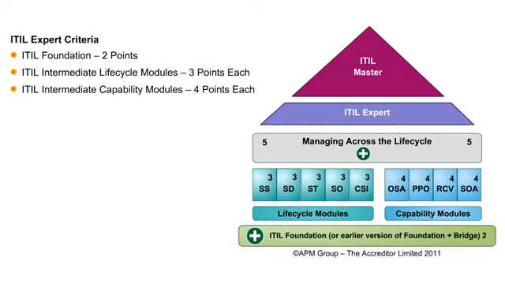Thus, at this level, the minimum credit requirement is 15. Once you accumulate 15 points plus 2 of foundation, that is 17 credit points, makes you eligible for third level. That is MALC, which provides you 5 credit points. Once you are certified MALC, your final score credit becomes 22.